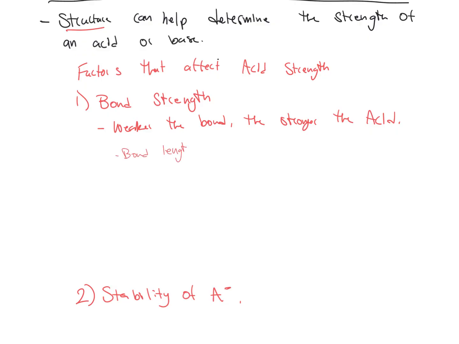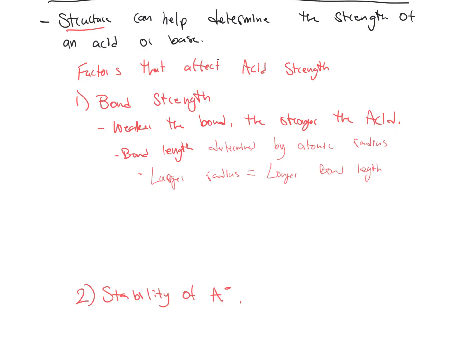we haven't covered this too much, but I'll give you the basic gist of it. Bond length is determined by atomic radius. In other words, the larger radius equals longer bond length.